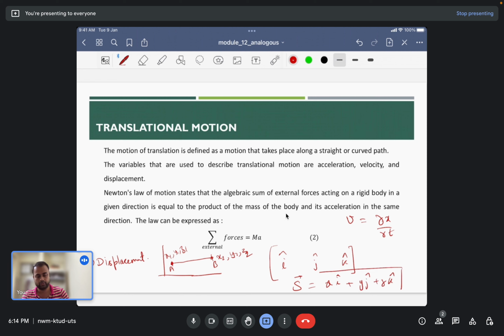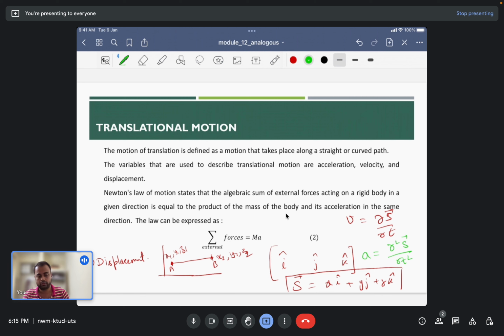This is a displacement vector. So velocity will be dou s by dou t. And similarly, if we differentiate it again, we'll get the acceleration, that is dou square s by dou t square. So acceleration is rate of change of velocity with respect to time.